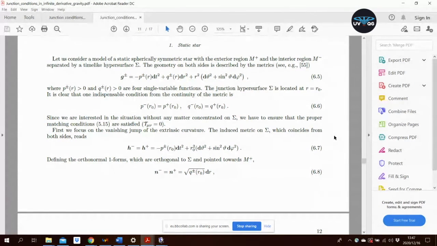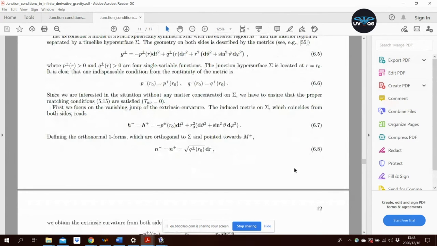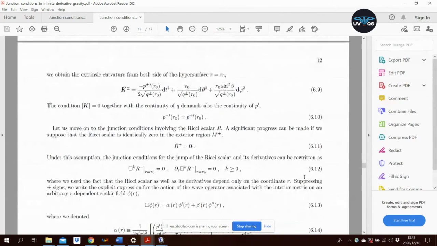Probably if we assume a more general exterior, I have calculated this also, if we assume a general spherically symmetric exterior, what you find is basically a relation between the interior P plus and Q minus with the exterior P plus and Q minus. You need to assume a certain value for these functions in order to constrain the whole interior. We wanted to show how these junction conditions can go beyond the hypersurface.